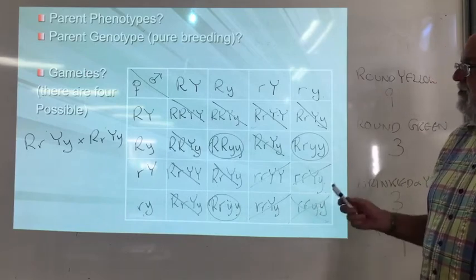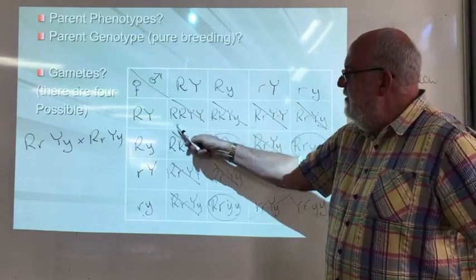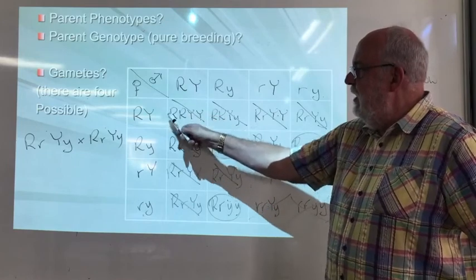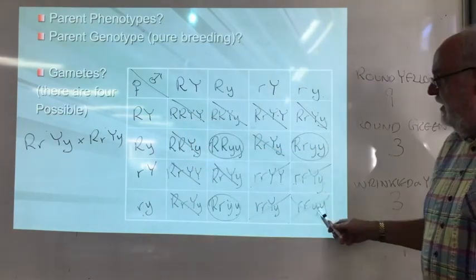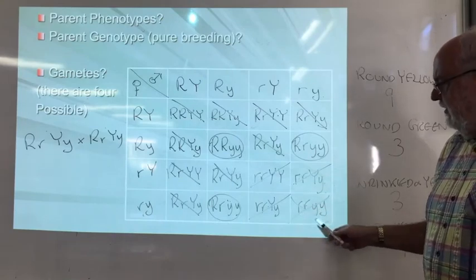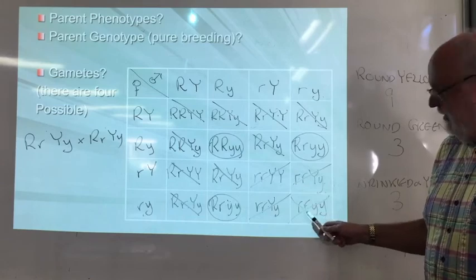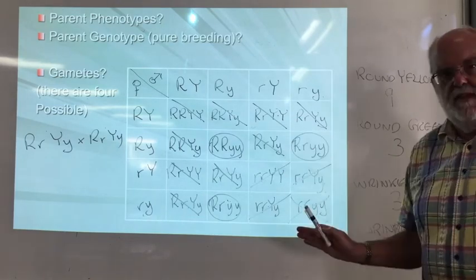If you look at the genotypes, you've only got one that is homozygous for the colour and the shape, because it hasn't got a mixture of upper and lower case. You've only got one down here that is homozygous for both. Everything else is heterozygous for something.